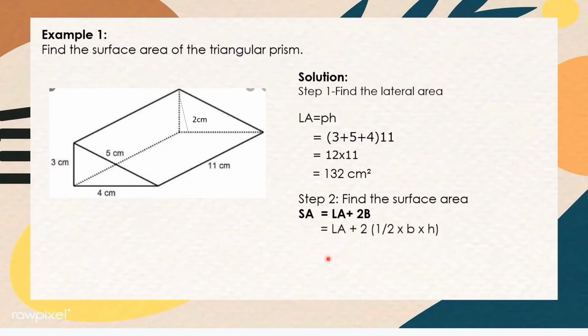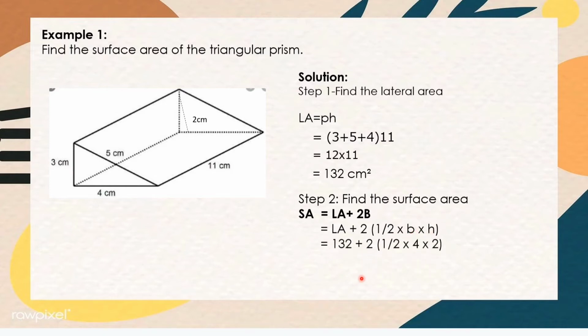So we have lateral area plus 2 times 1/2 times base times height. Why 1/2 base times height? Because our base here is in triangle form. So the area of a triangle is 1/2 times base times height.